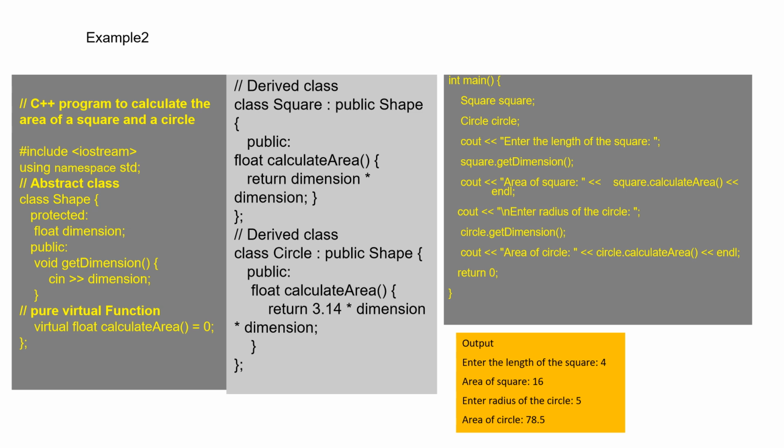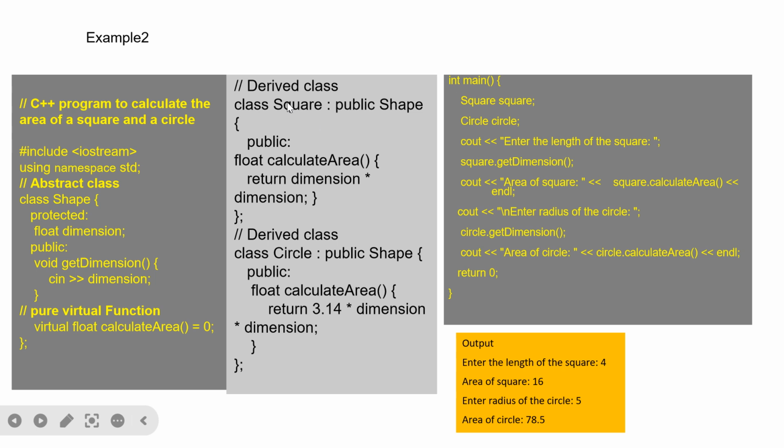So this is another example. So here we have the abstract class. A pure virtual function is there in the class, so we call that an abstract class. So the class named shape is called the abstract class. It has a pure virtual function equal to 0.